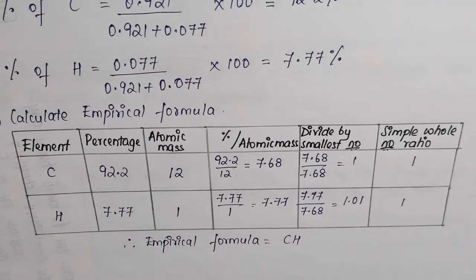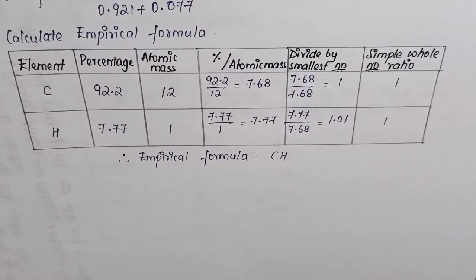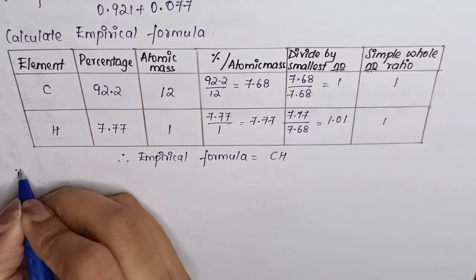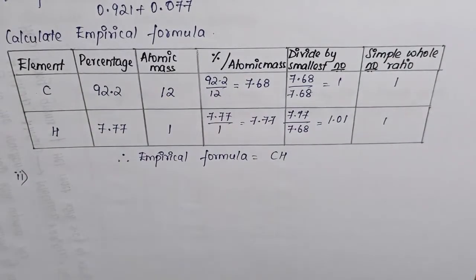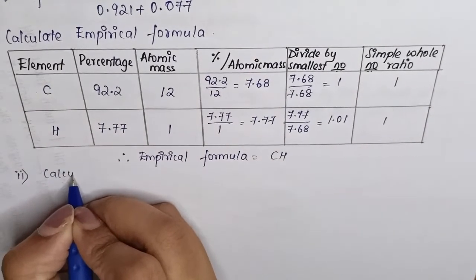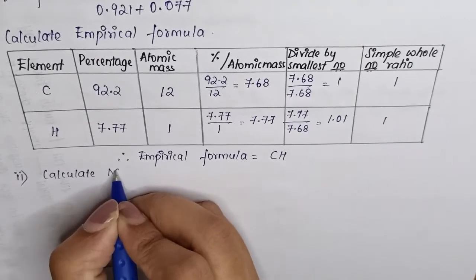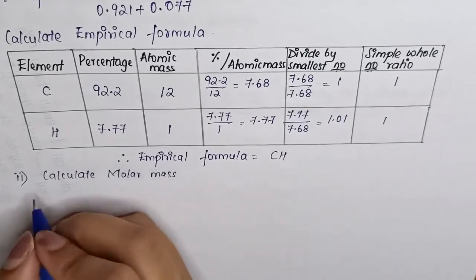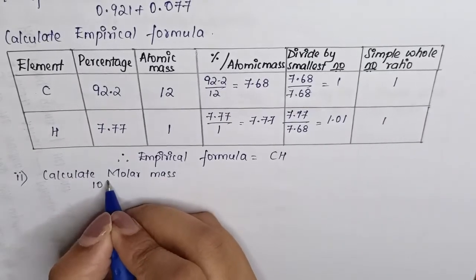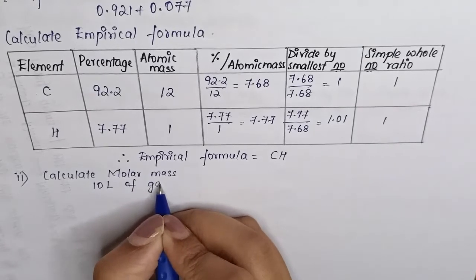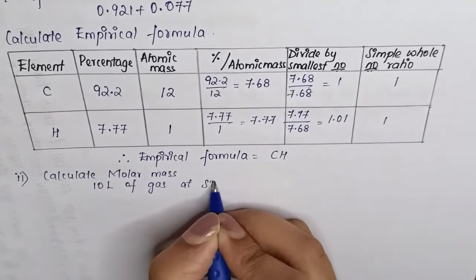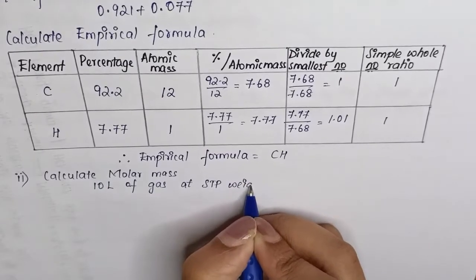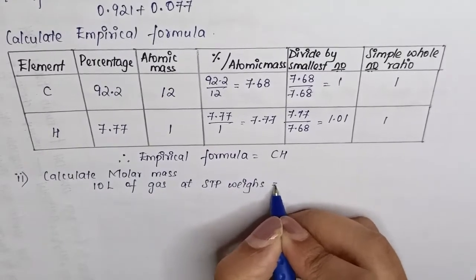Now we need to calculate your second question, which is calculation of the molar mass. Let's see how to calculate that. Now to calculate molar mass, we have, as per the question, 10 liters of gas at STP weighs 11.6 gram.